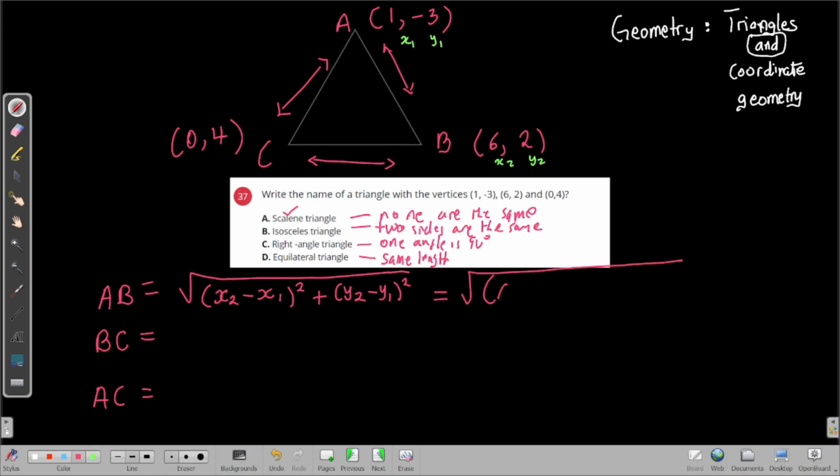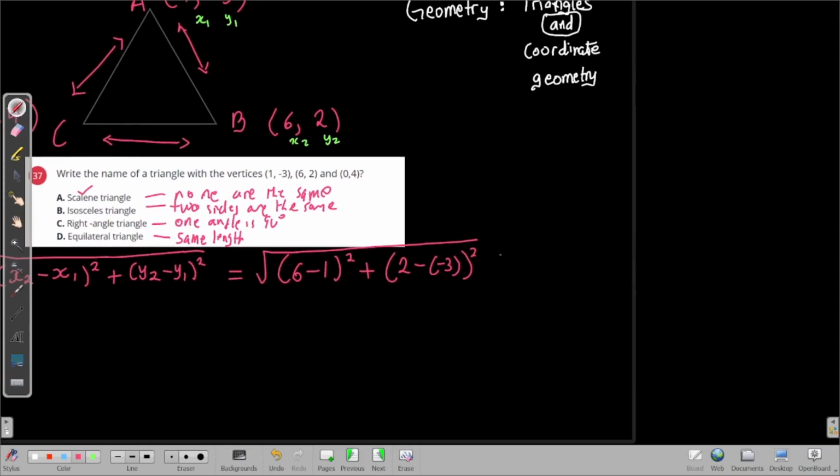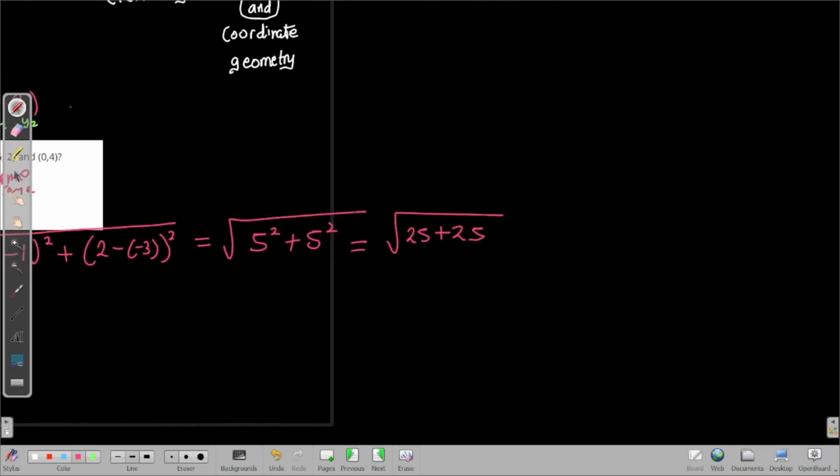That's 6 minus 1 squared plus 2 minus 3 squared. That's equal to square root of 6 minus 1 is 5. 2 minus, that's 2 plus 3, and that's 5. That's square root of 5 squared is 25 plus 25. So the answer is square root of 50. So the length of AB is root 50.